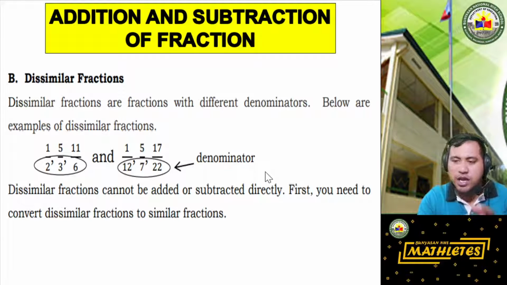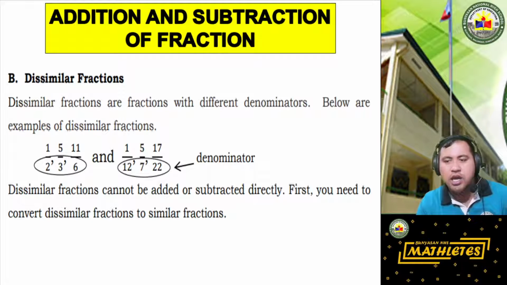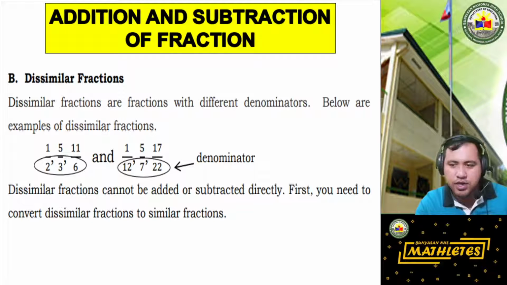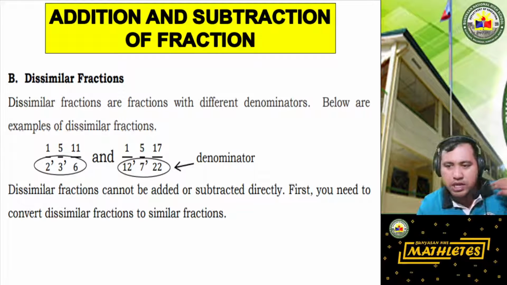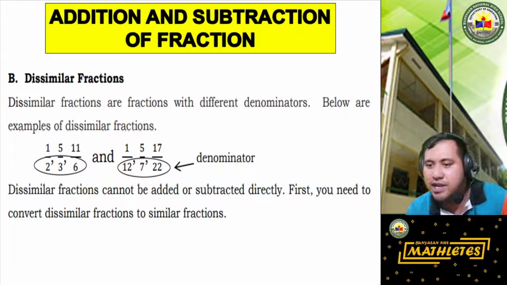So, ibig sabihin, ang basihan kung paano masasabi nating similar at dissimilar sila ay sa pamamagitan ng denominator. Nakuha? Denominator. Di bali nang magkapareho or magkaiba sila ng numerator, as long as pareho sila ng denominator, similar yon. No? Pero, pag hindi sila pareho ng denominator, kahit pareho sila ng numerator, dissimilar ang tawag.